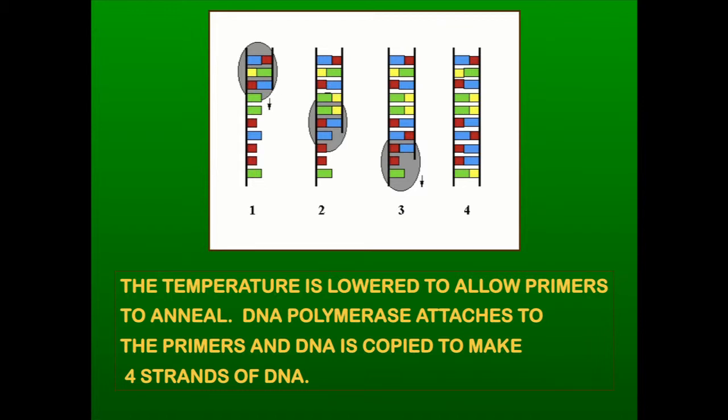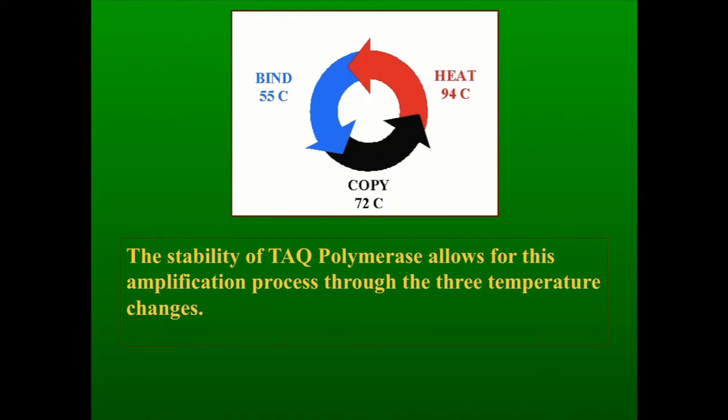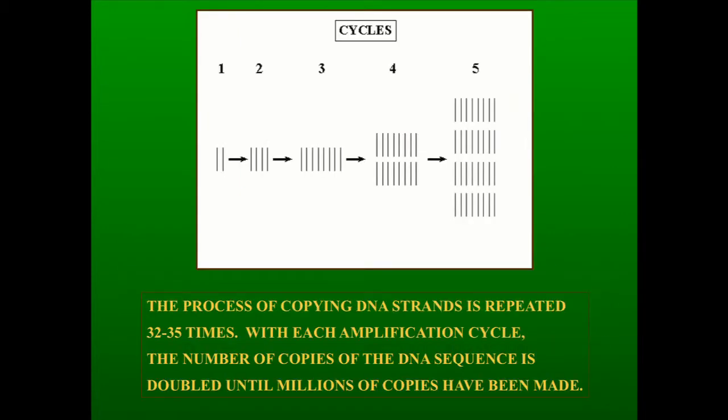Do that again, and you go from 1 molecule to 4, very quickly. So this thermocycling, using this Taq polymerase, Thermus aquaticus polymerase, heat-stable thermocycling, allows you to go from 1 molecule to a whole blob of molecules very quickly.